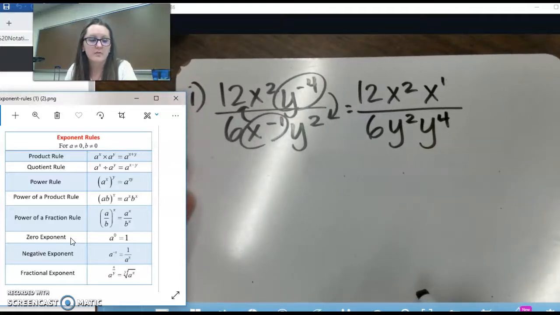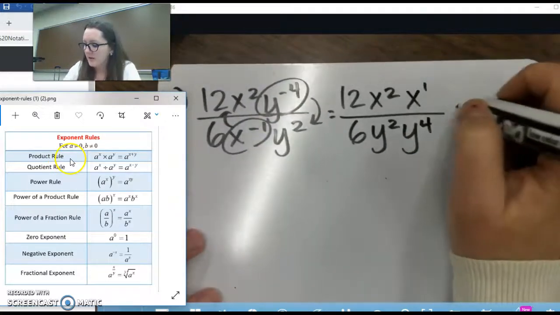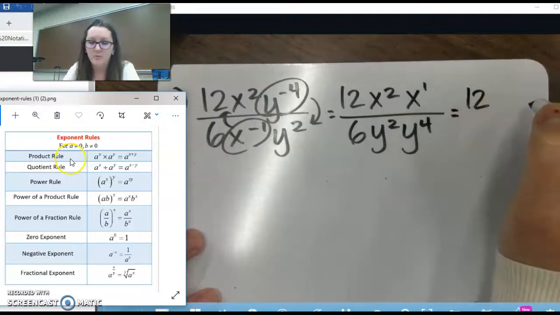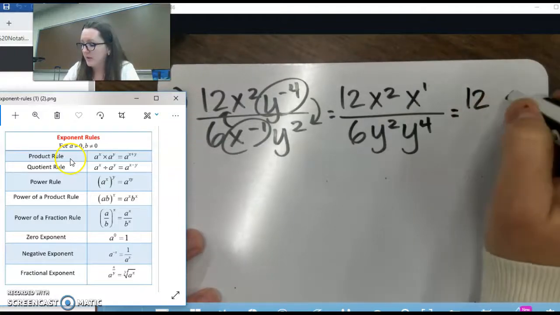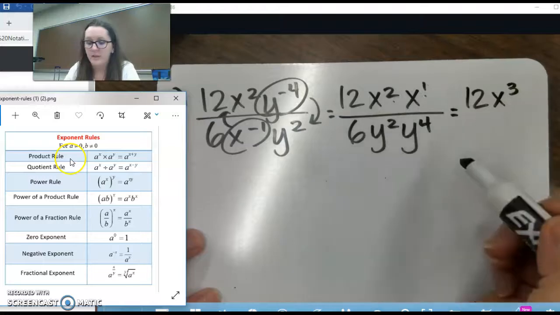All right, so this looks funny now because we haven't simplified it all the way yet, but let's look and see what we're going to use. We're going to use our product rule here. Since we have the same base of x, we're going to put our x's together, and we have the same base of y, so we put our y's together. I'm not going to mess with my numbers yet. I know what you're thinking, we can reduce that. We can, I know. So I'm going to add my 2 plus my 1, and I get a 3.